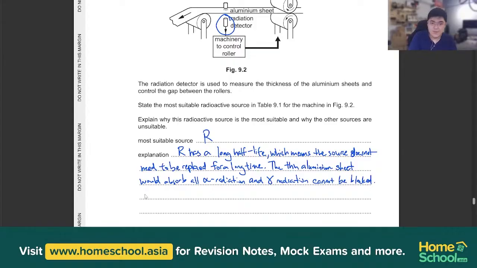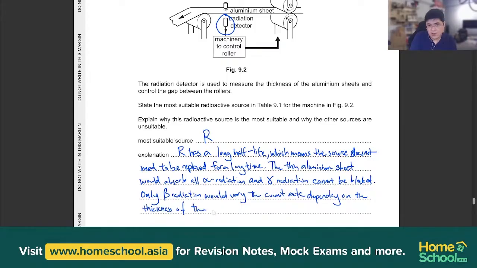So only beta radiation would vary the count rate, depending on the signal, for this application.